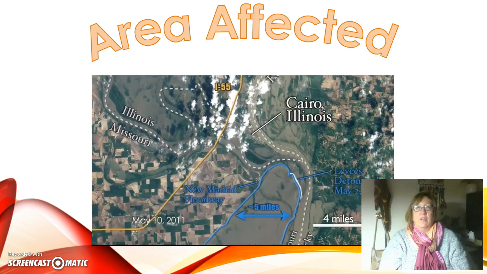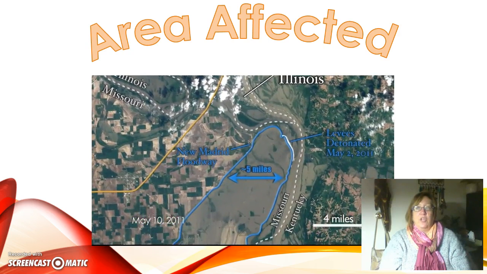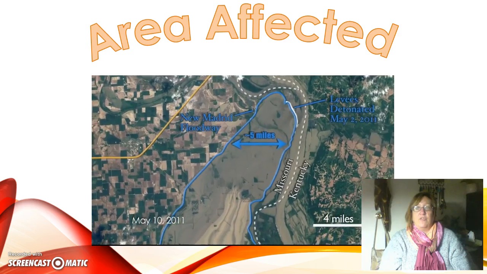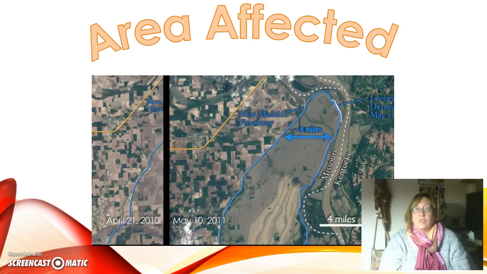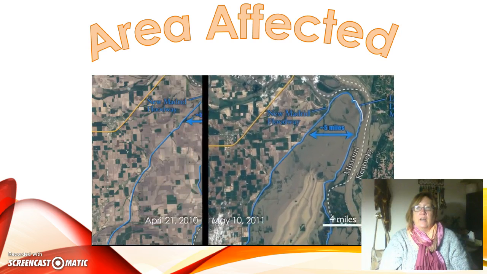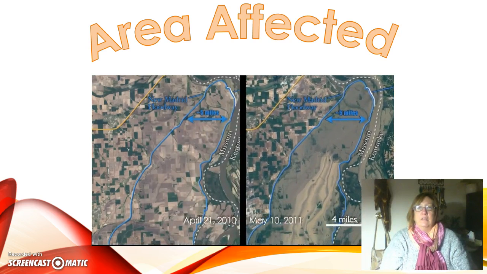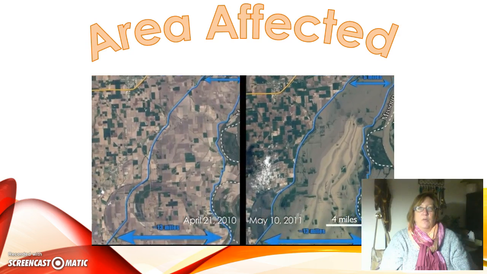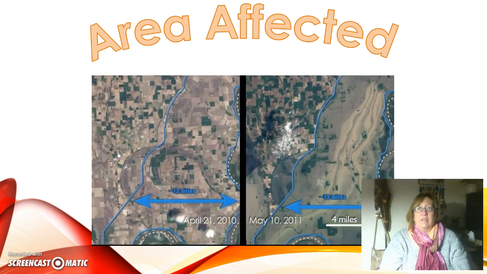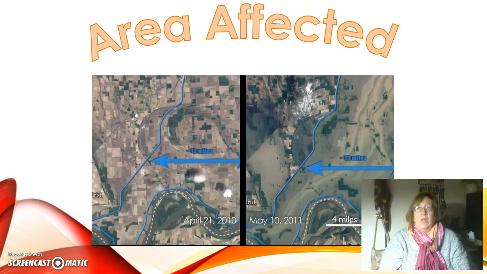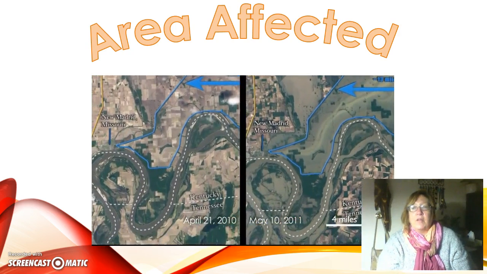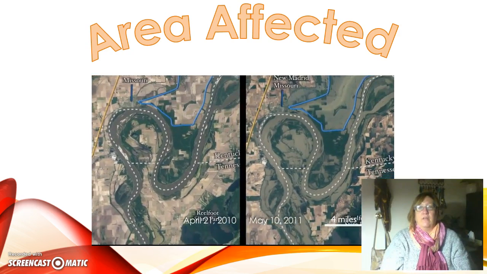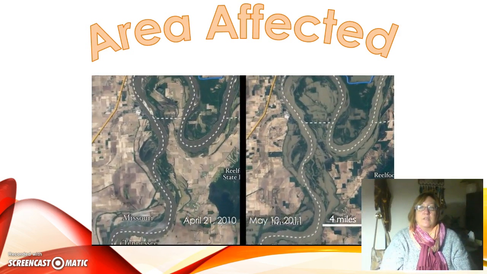Now there's Cairo, Illinois. They actually opened up one of the levees to divert the water away from Cairo. That is the Missouri and Kentucky border there. And that's what it looked like before and what it looked like during the flooding. You got 12 or 13 miles across in that one area.